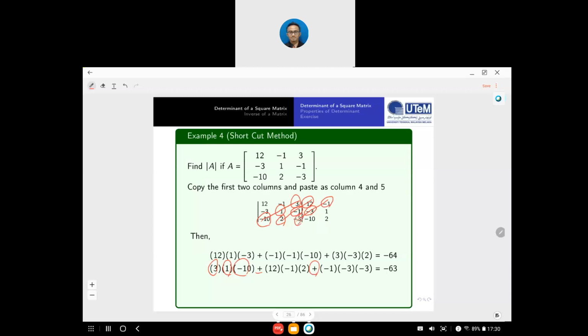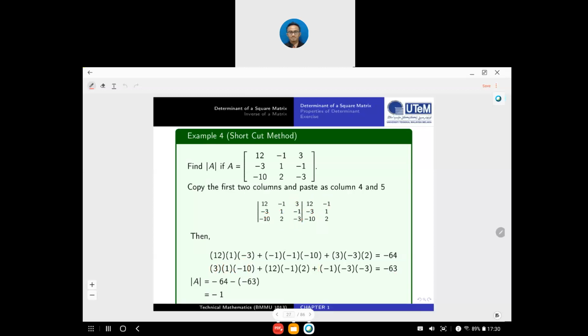And then you can get negative 63. And then to get the determinant, negative 64 minus negative 63. So you can get negative 1.